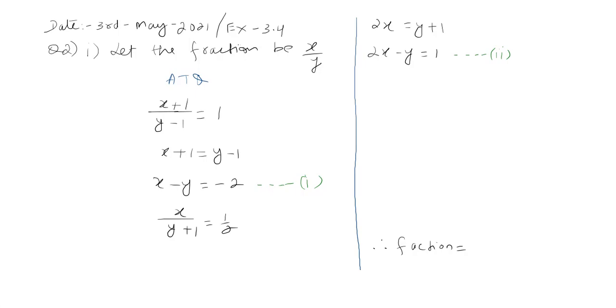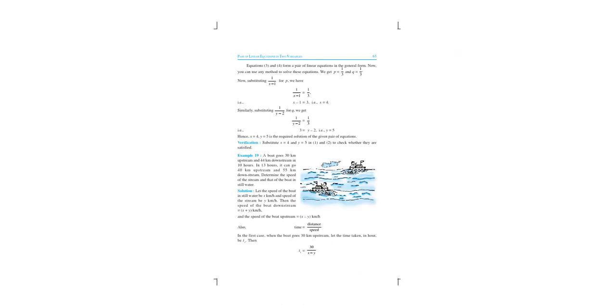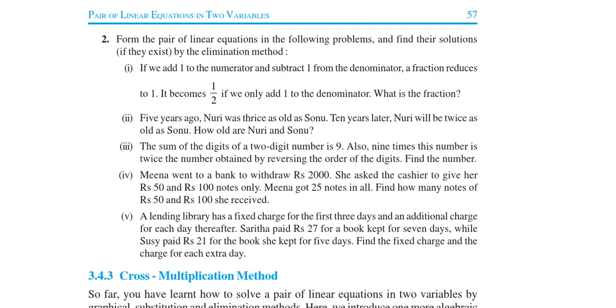So now we move to the next question. "5 years ago, Noori was thrice as old as Sonu. 10 years later, Noori will be twice as old as Sonu. How old are Noori and Sonu?"